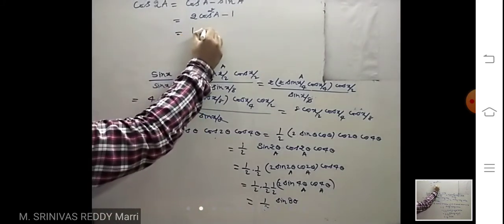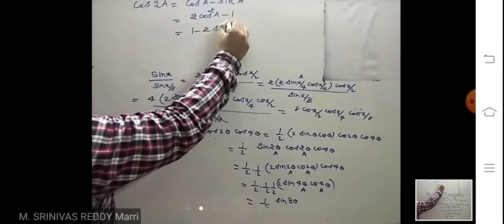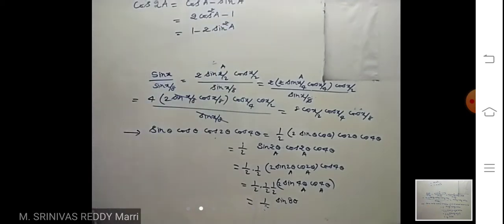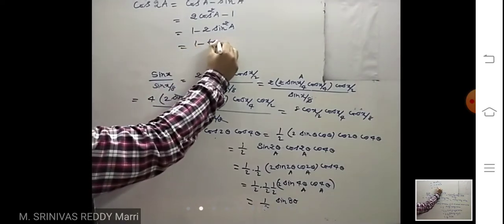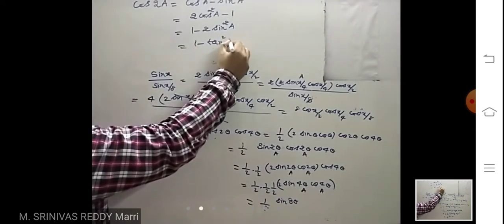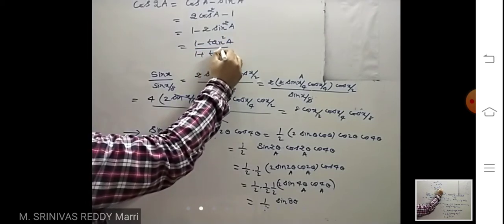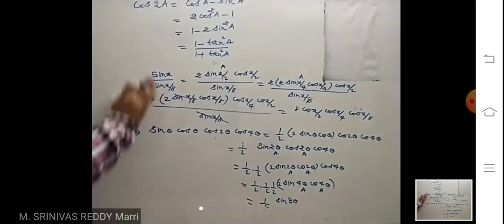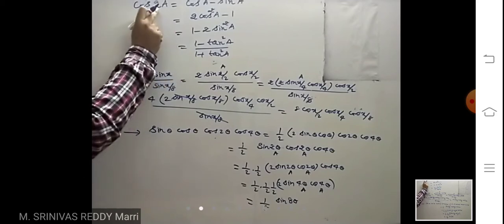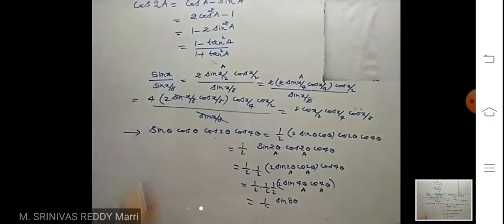Next, in terms of sine, you write 1 minus 2 sine square A. If you want to write in terms of tan, the formula is 1 minus tan square A divided by 1 plus tan square A. Like that, there are 4 formulae for cos 2A. In all the 4 formulae, the right hand side is half of this angle.